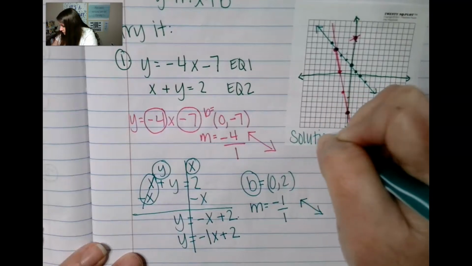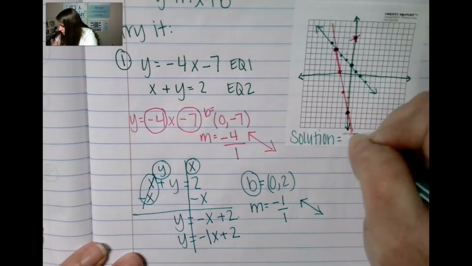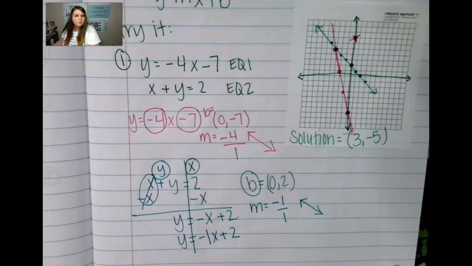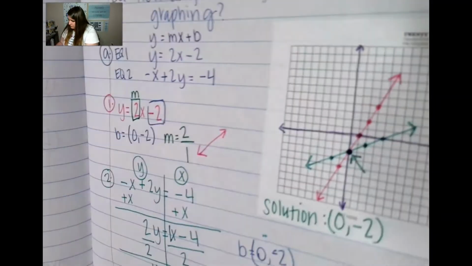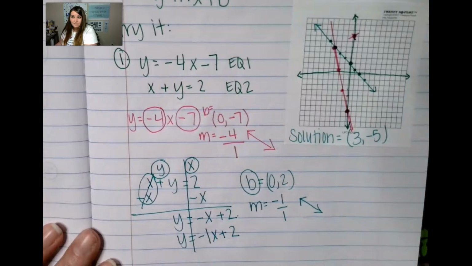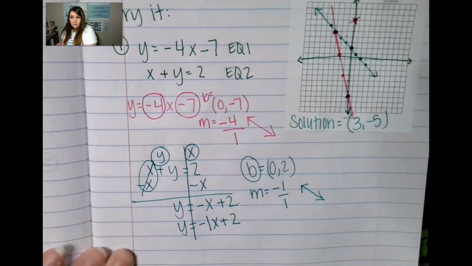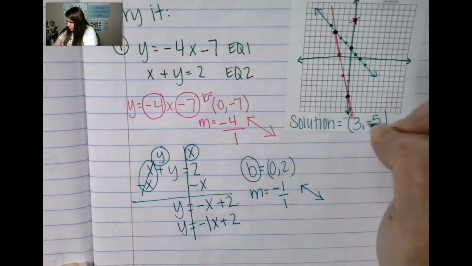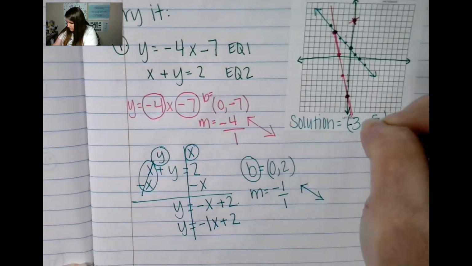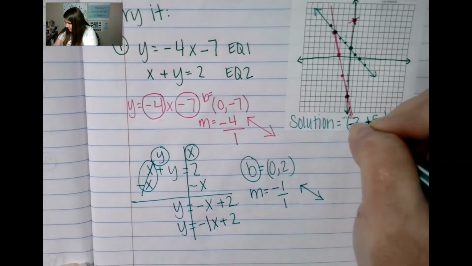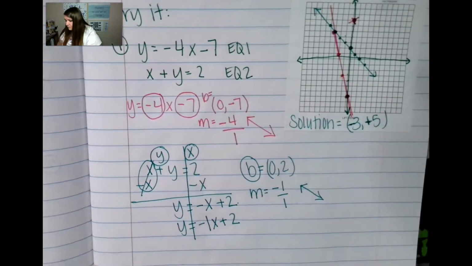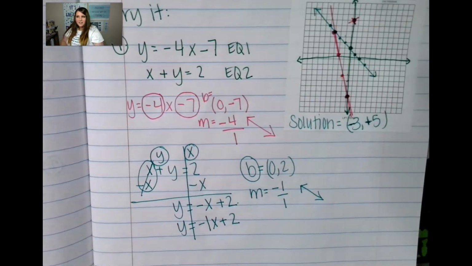Solution is 3, negative 5. Why do I feel like that was the solution last time? No, the solution is negative 3, positive 5. There we go. Negative 3, so going over negative 3, up 5 is a positive 5.